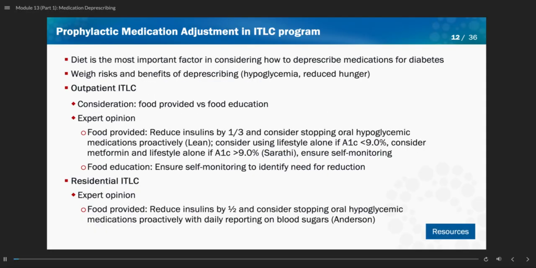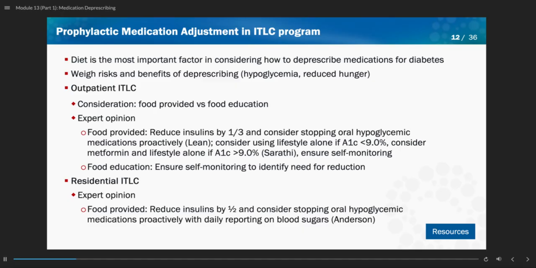Diet is the most important factor in considering how to deprescribe medications. If a patient is starting with a very unhealthy diet and making a lot of changes to improve that diet, changing to a whole food plant-based diet in particular, medications will need to be deprescribed more rapidly than if their diet is already predominantly whole food plant-based.